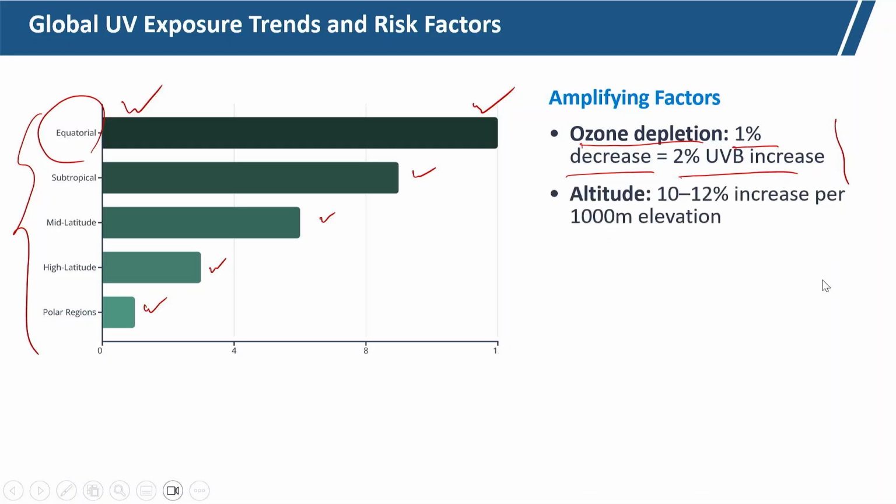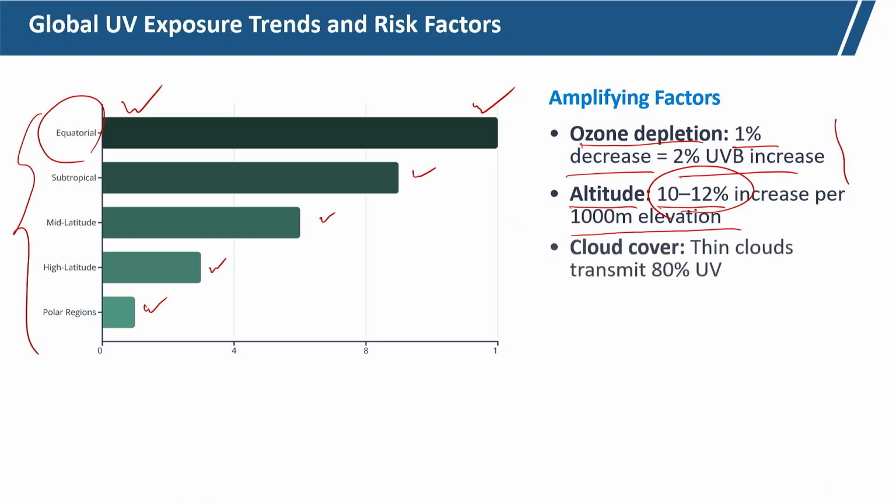Similarly, altitude, as I have mentioned: there is a 10 to 12% increase per 1000 meters, 1 kilometer of elevation above sea level. So, UV intensity is increased by 10 to 12%, which will be very harmful for our body. So, the level of protection must be more at high altitude.